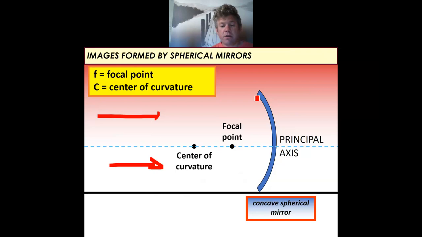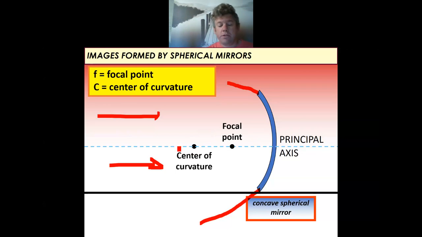The center of curvature is where, if we extended this mirror all the way around and kept the same angle, the center of the mirror would be. If we created a geode or a completely circular mirror, that's where our center of curvature would be.